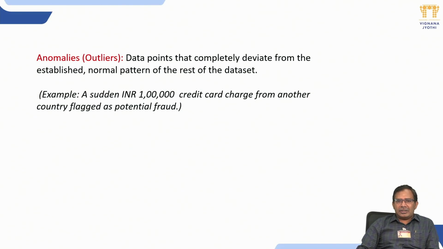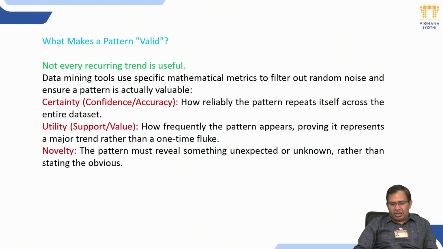A sudden 1 lakh transaction is done on a particular customer's card. Normally, the customer will do transactions of 5,000 or 10,000. But if there is a sudden transaction for 1 lakh rupees, 50,000 rupees, or 1.5 lakh rupees, it is treated as a fraudulent transaction, and that alerts the customer to block it immediately.